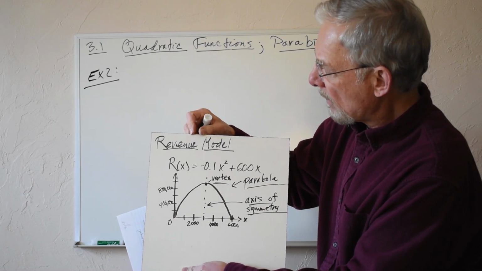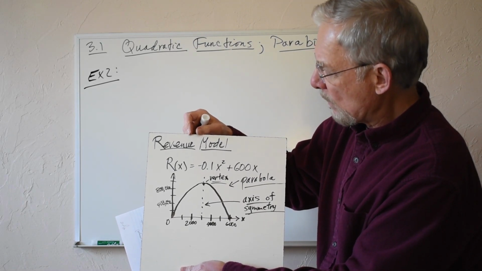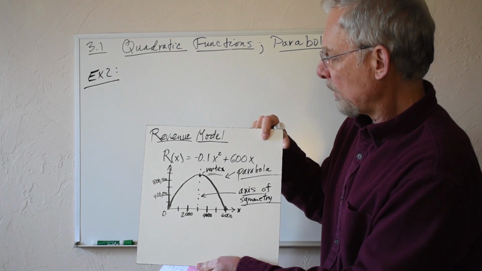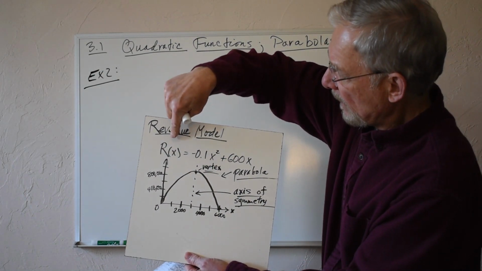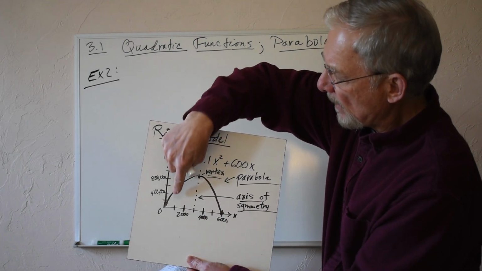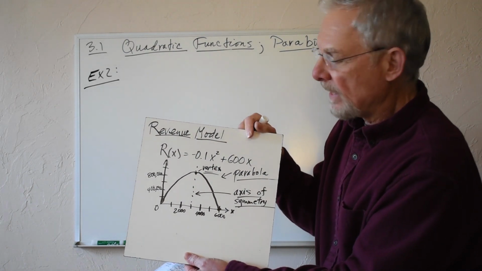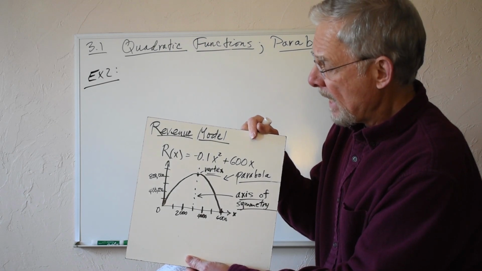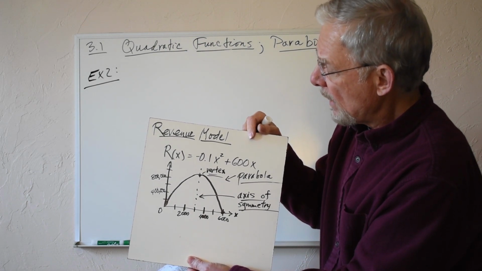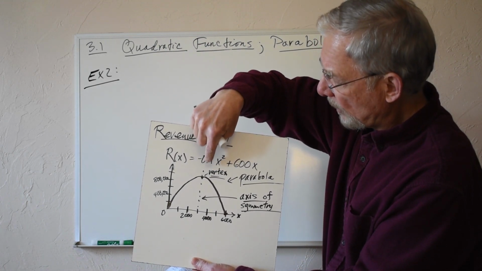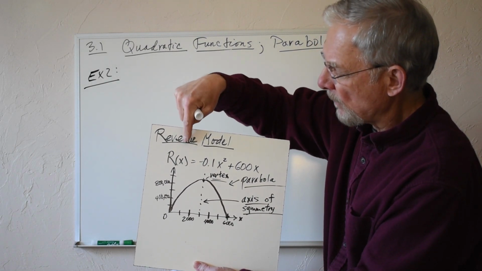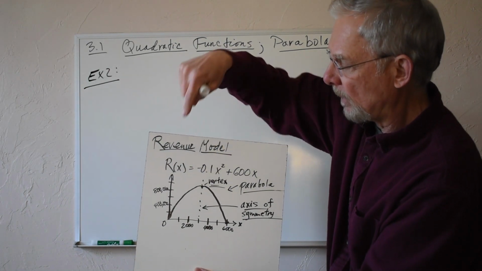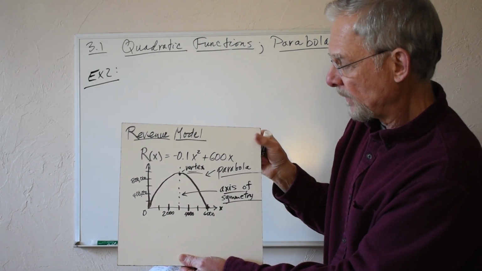The revenue was R of x equals negative 0.1 times x squared plus 600x. And as we saw, of course, it's a quadratic function, therefore its graph is a parabola. And the parabola opens downwards, therefore the vertex represents a maximum value for R of x, which is our vertical axis there.